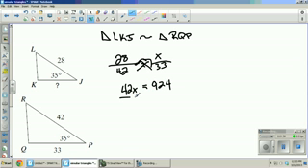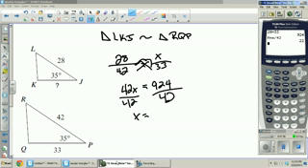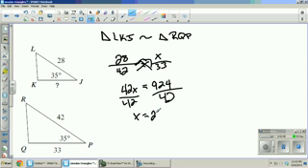And then I divide by 42, and X equals 22. Please excuse that bell. But you're going to be given these similar statements. Use these statements to help you do the proportions.